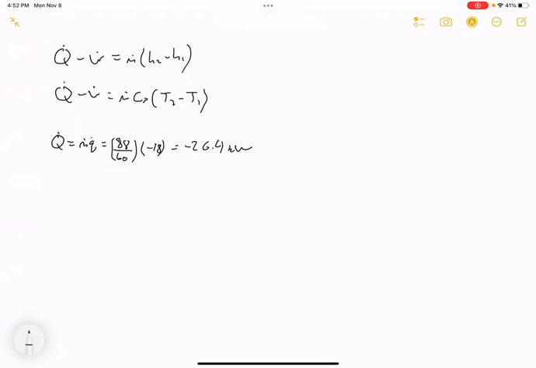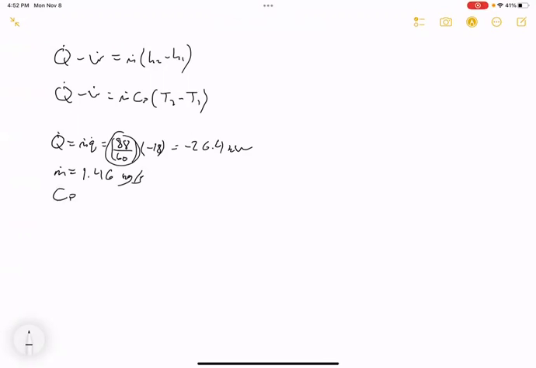So we know Q dot, W dot is what we're trying to find. So we're not expecting to have anything to substitute for that yet. m dot is just this guy. I'll just calculate it separately. 88 over 60 is 1.464. So 1.46 kilograms per second.